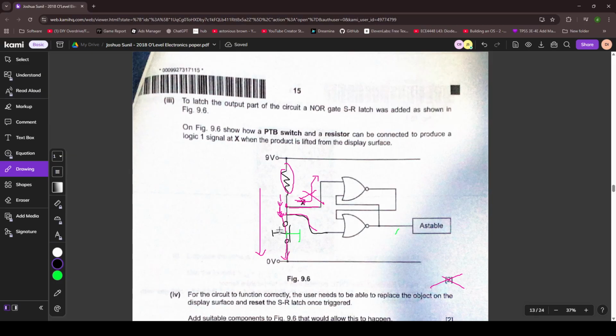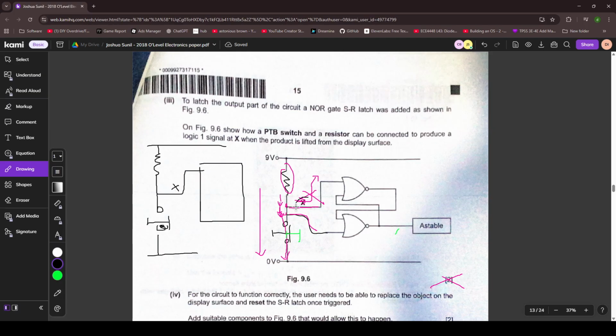So with this configuration, let's say in the end we configure the button and this normally closed switch, the push to break, like this. Then we have our SR latch. I'm just going to represent it as a box. Then they give us X.